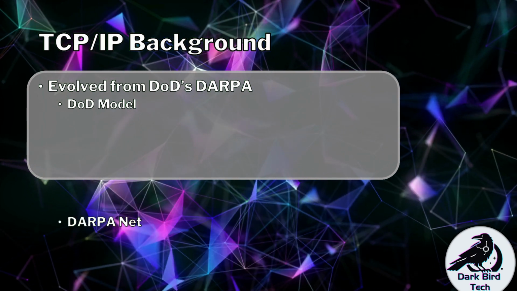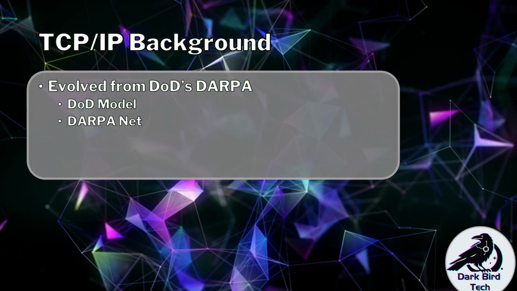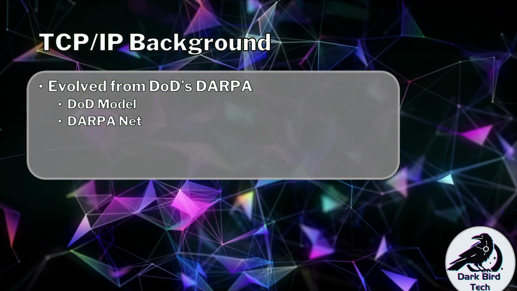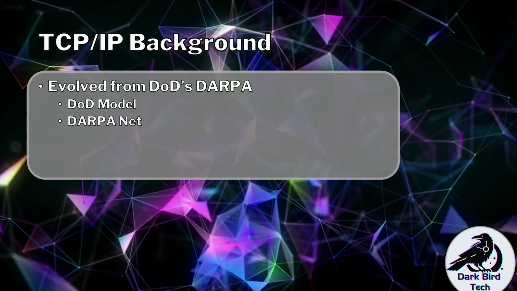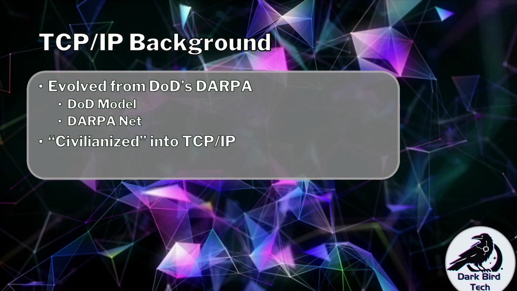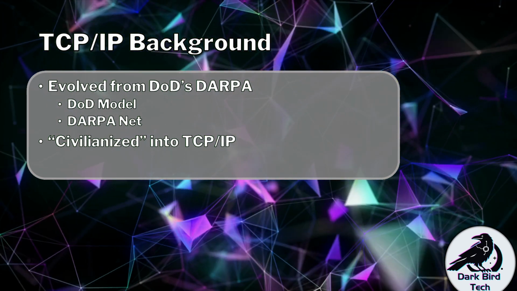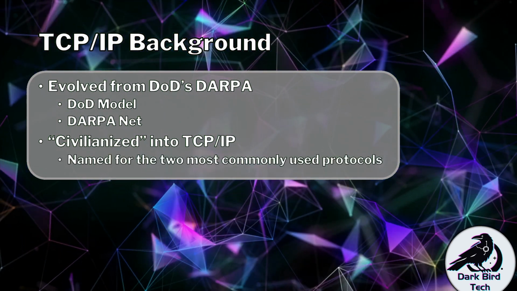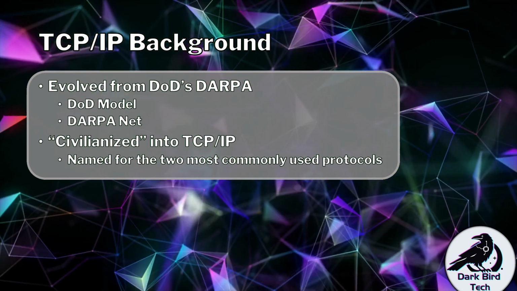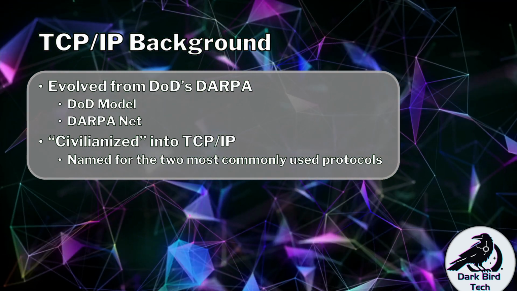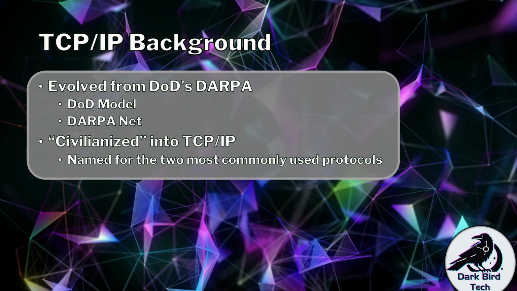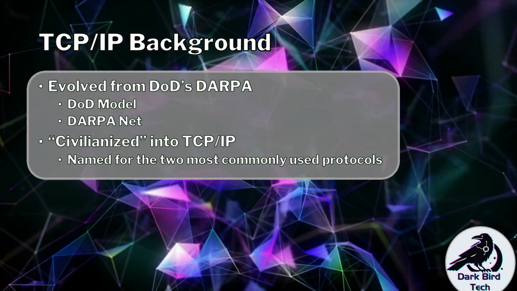And it was used in DARPANet, a military intelligence network that was a precursor to the modern internet. When it became a civilianized technology, if that is a word, we called it TCP-IP because we named it after the two most commonly used protocols in the model, namely TCP and, well, IP you've probably heard about already.